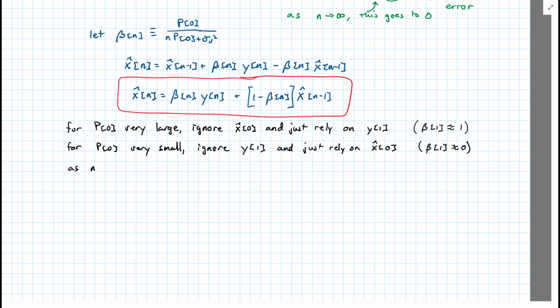Finally, as n becomes large, we ignore observations and just go with our previous guess.